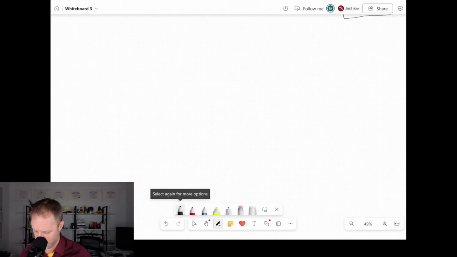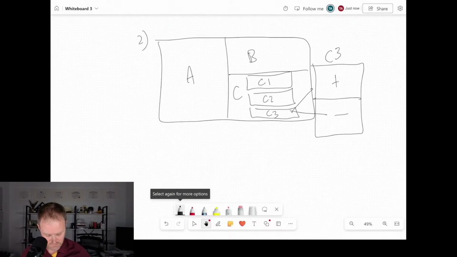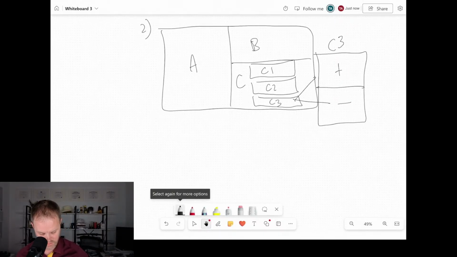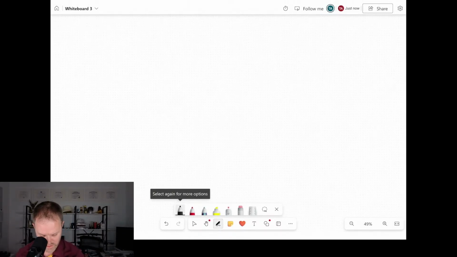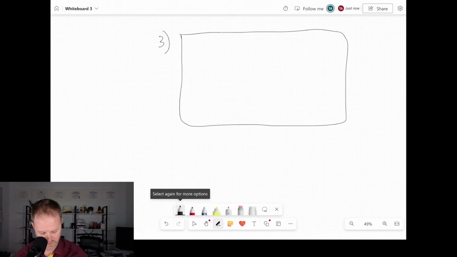So that will introduce the accounting equation. So then from there, it would break down into accounts.